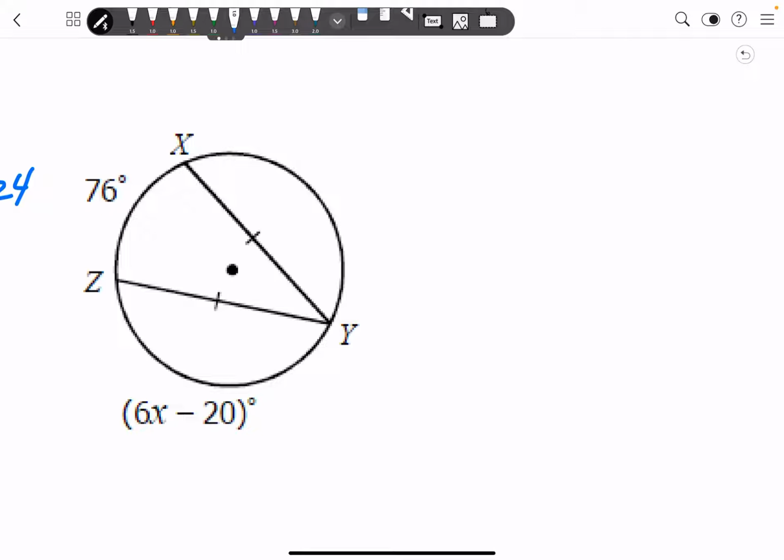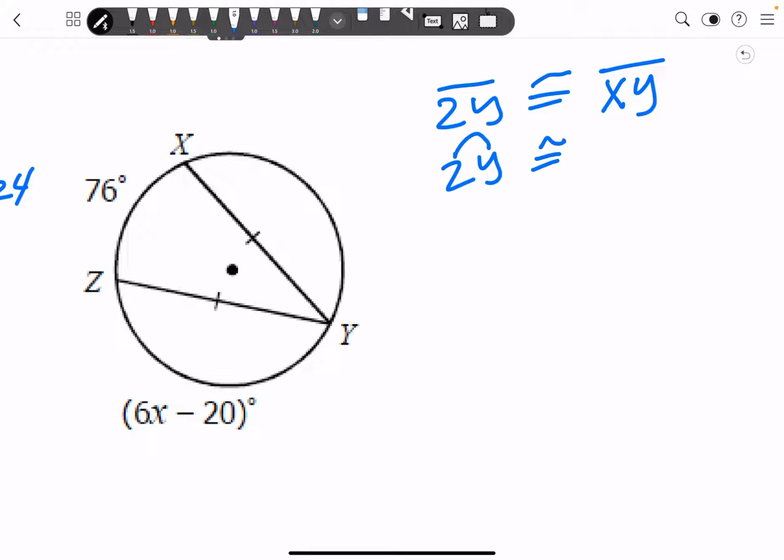All right, now that you've kind of gotten a chance to look at it, you'll see that ZY is congruent to XY. Which means arc ZY is going to be congruent to XY. But they haven't told us anything besides, they haven't even told us this length right here. And all we have is to solve for x.